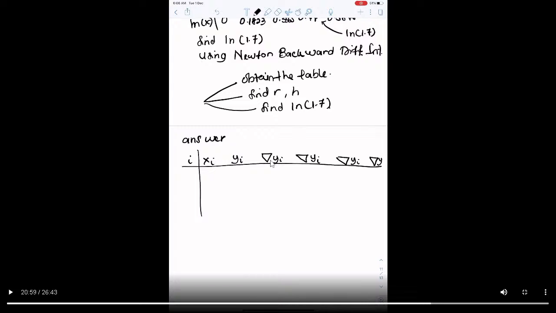You need to find backward del 1, backward del 2, backward del 3, and backward del 4. You need to find the last row: backward y4, backward order 2 y4, backward order 3 y4, backward order 4 y4.